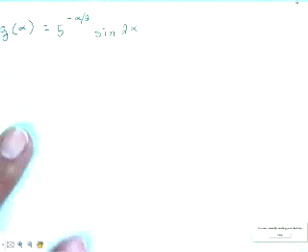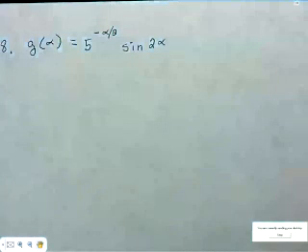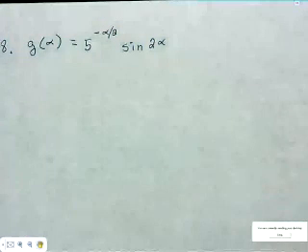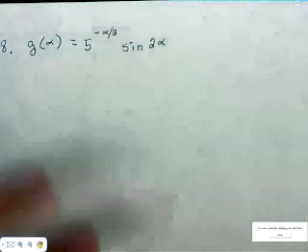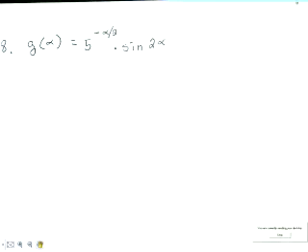Now, I could have started with an easy one, but you probably didn't need an example of an easy one. So this one is kind of ugly. It's ugly looking. It may not be hard to differentiate.